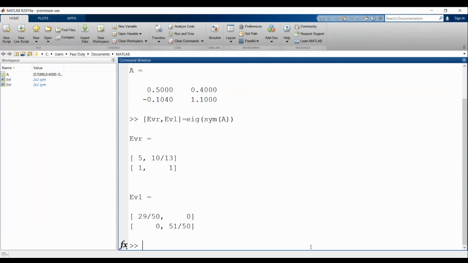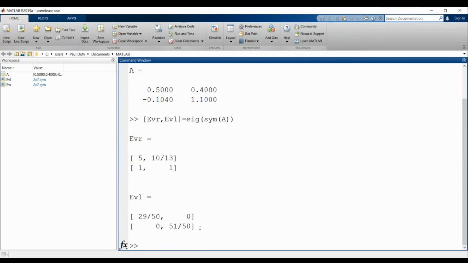I got very pretty looking eigenvectors. I have eigenvectors of 5, 1 and 10/13, 1, very nice, and eigenvalues of 29/50 and 51/50. Now here's the thing, the eigenvalues are along the diagonal. So 29/50 as a decimal, that's 0.58, and 51/50 as a decimal, that's 1.02.